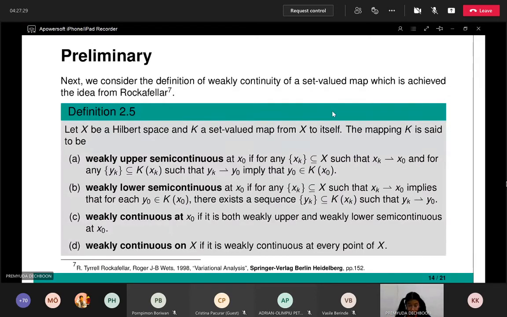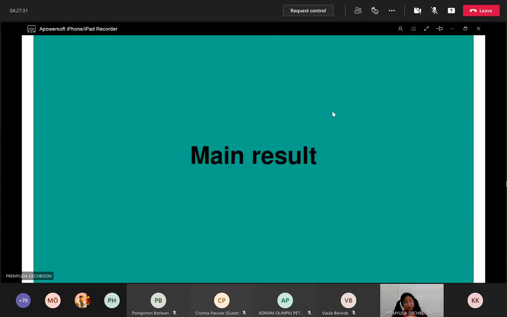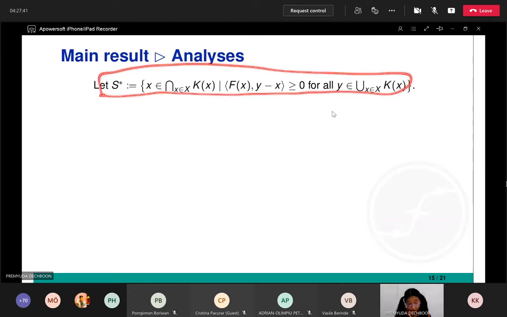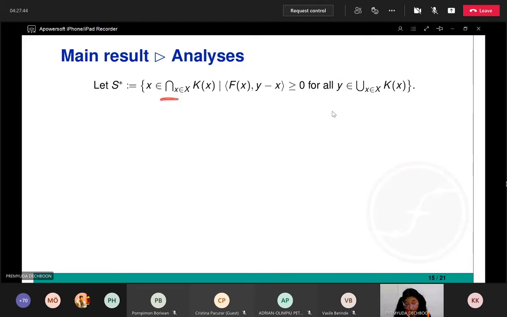Okay. So in the main result, we first let S star be the set of all x in the intersection of K(x) such that this inequality holds for any y in the union of K(x).